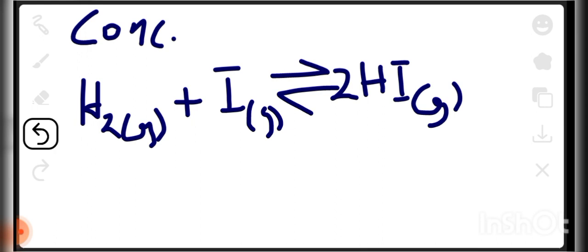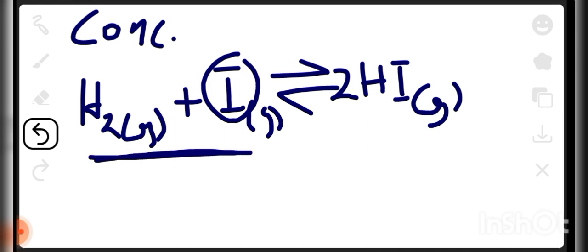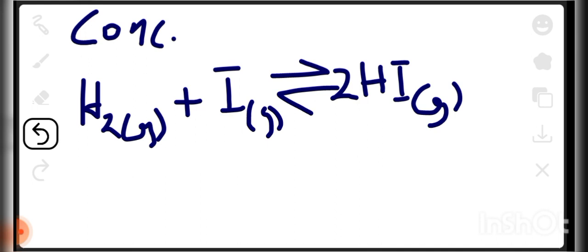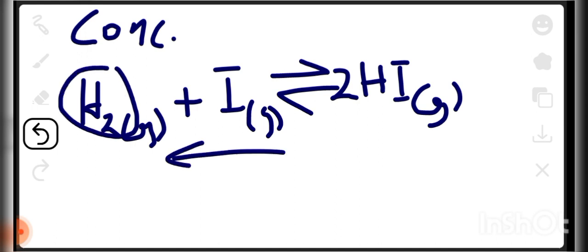If I remove some of this iodine, I will have reduced the concentration on this side. So if you reduce the concentration of one side, the equilibrium position will move to that side. If you increase the concentration of one side, the equilibrium position will move to the opposite side. Take note of that. So if I remove this hydrogen gas, the equilibrium position will shift to the left.